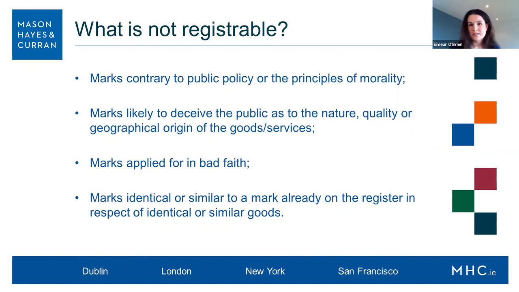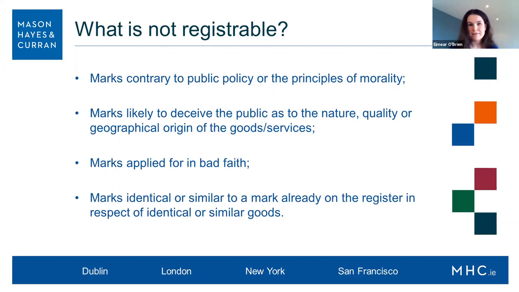Marks contrary to the principles of morality: an example of a mark that's been refused by the EU office is Screw You, for being contrary to the principle of morality. Then marks likely to deceive the public as to the nature, quality, or geographical origin of the goods or services, so deceptive marks. An example of this would be lacto-free for products that do contain lactose.